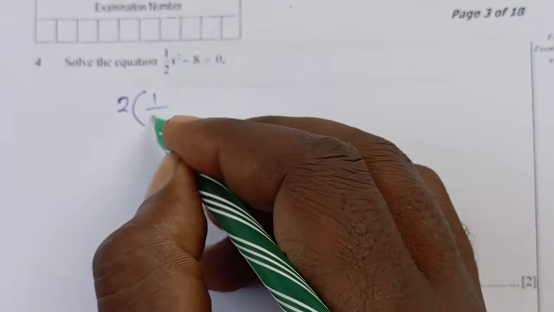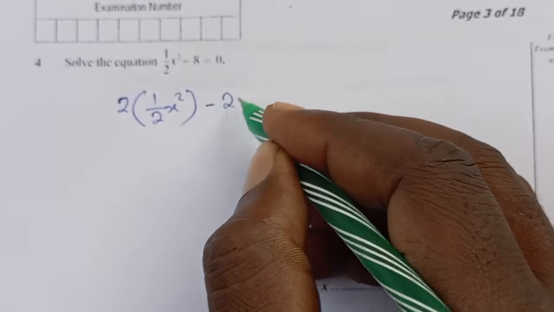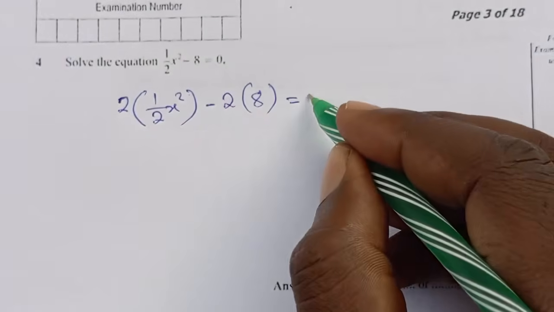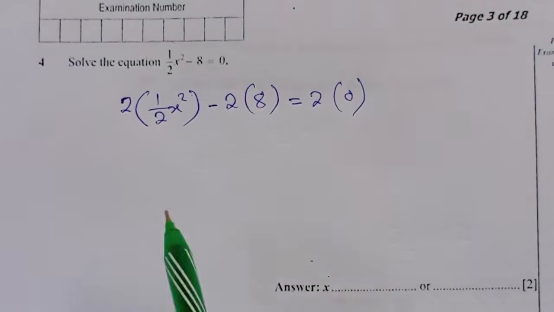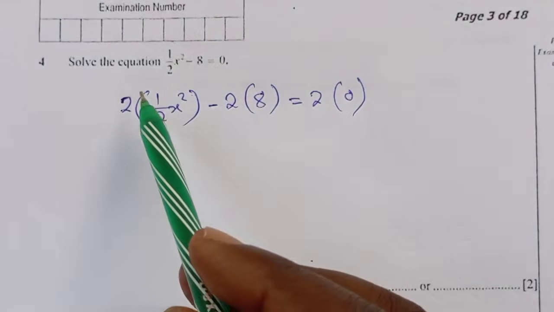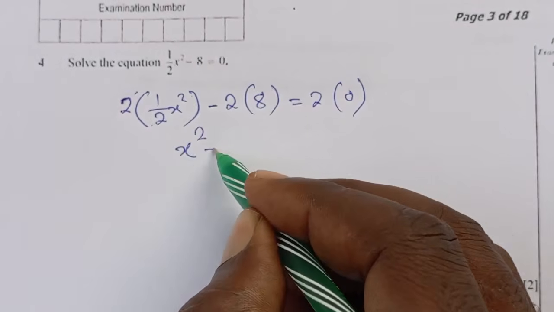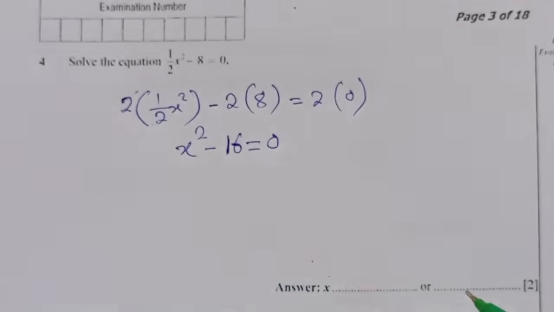2 multiplied by 1 over 2 x squared minus 2 multiplied by 8, which is equal to 2 multiplied by the 0 that is there. We want to cancel out the fraction, so meaning that these 2 and that 2 be cancelled. You remain with x squared minus 16, which is equal to 0. Have you seen that the fraction is gone?